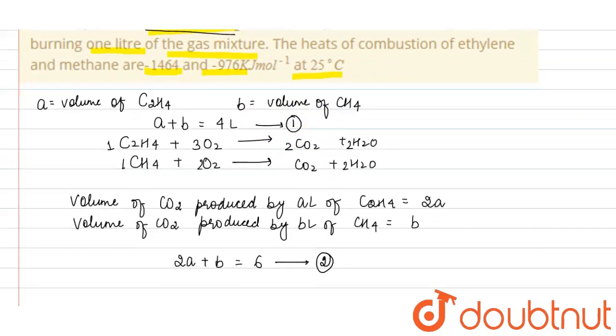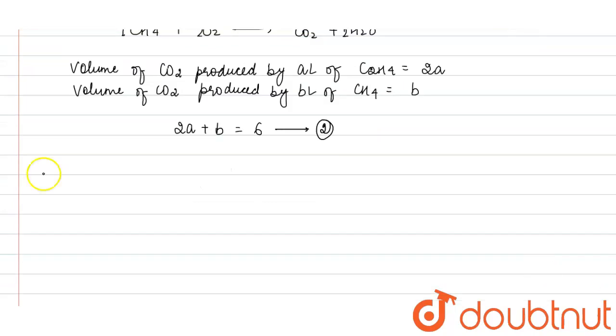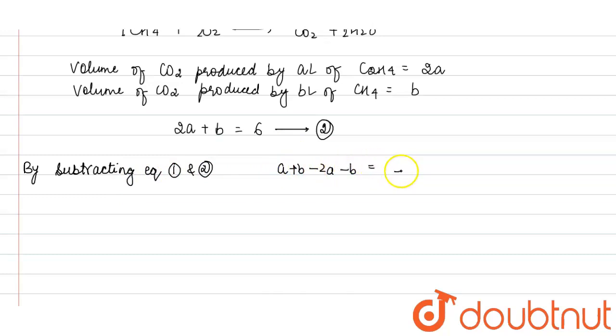So by subtracting equation 1 and 2, you will get A plus B minus 2A minus B is equal to 4 minus 6, okay. I am just subtracting equation 1 and 2. So you will get A is equal to 2 liter and B will be equal to 2 liter, okay.